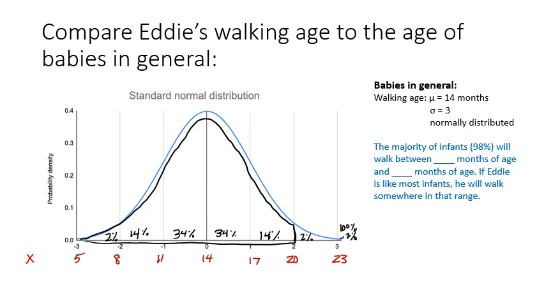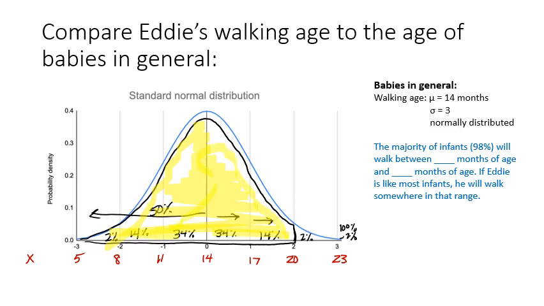We could verify that by adding up what we know, the 50% that is here, and adding the 34 and the 14, and that confirms that 98% of the values are in this region. Let's go ahead and get the highlighter and highlight this region. So this is what we're looking for. We're saying the majority of infants will walk between how many months and how many months of age?